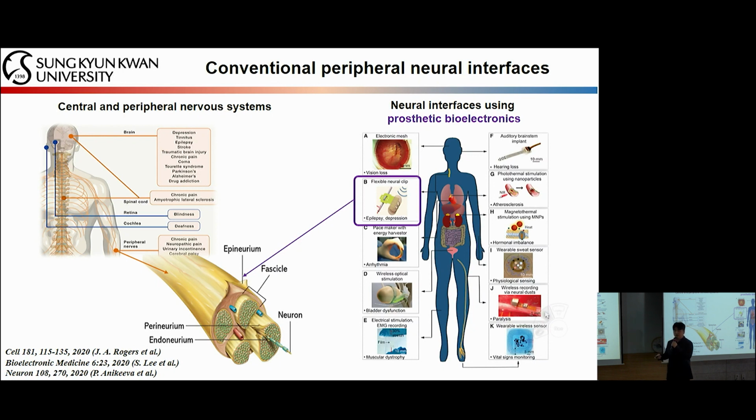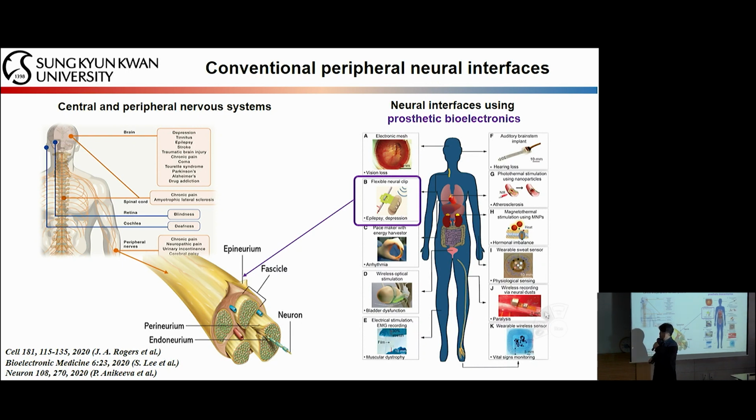Our research group is interested in the mechanical property of the outer shell of the peripheral nerve, which is called the epineurium. Its mechanical property is comparable to that of the viscoelastic materials we usually use. This cuff-type peripheral neural interface, a surface interfacing form factor, has a disadvantage in terms of selectivity.